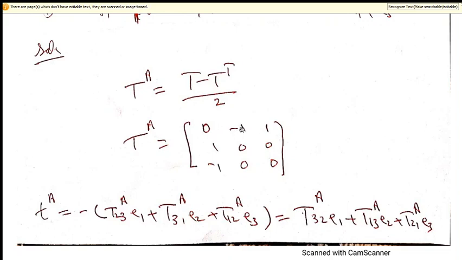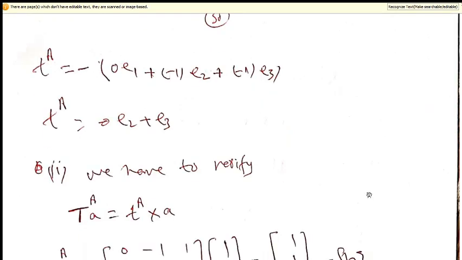Simply you will use these from this matrix, and you have your TA is this. Now as this is the dual vector for the antisymmetric part, this must satisfy this equation for every A.